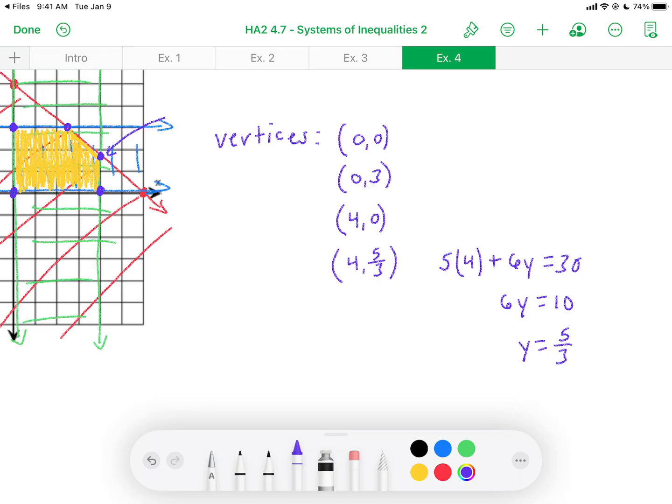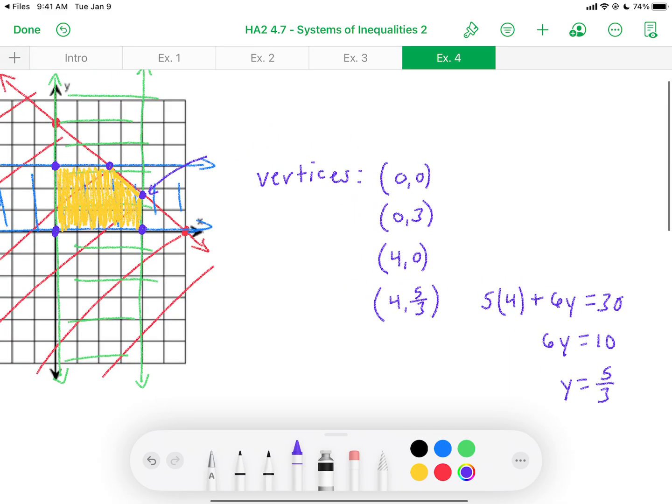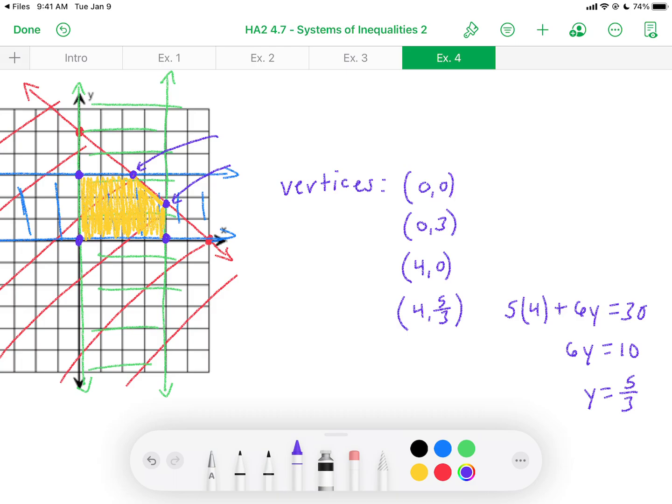Okay, and then our final point would be this one right here. That's the intersection between the horizontal line, y equals 3, and that same red line there. So y coordinate is definitely 3.